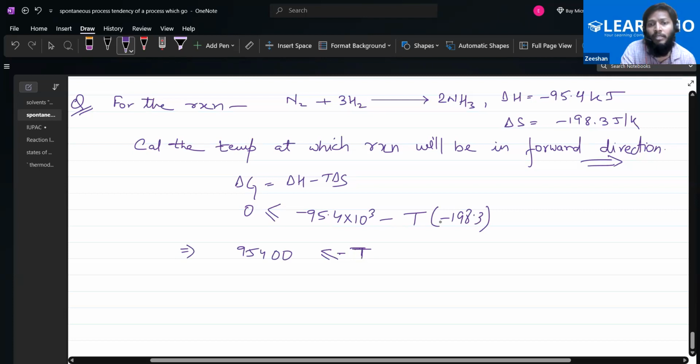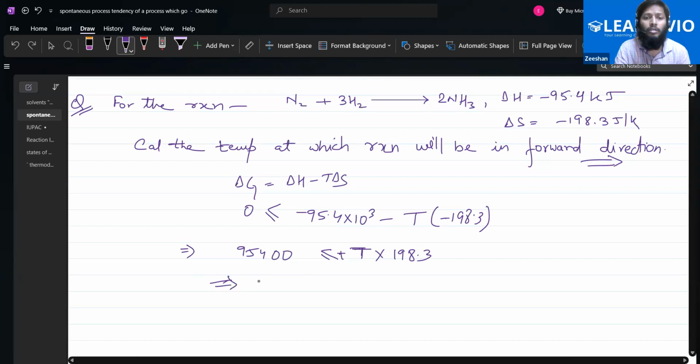Minus minus will become plus, right? Solve this for T: 95400 upon 198.3.